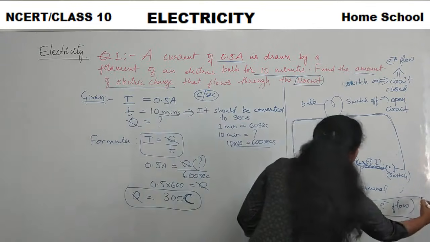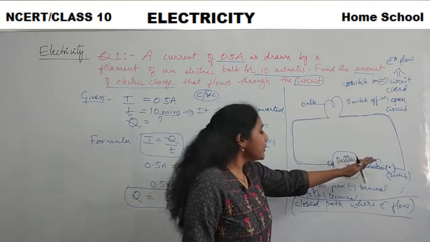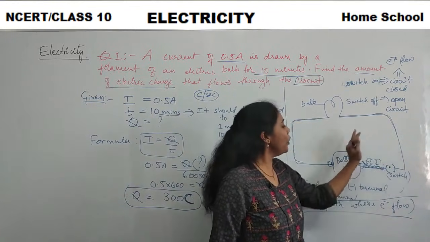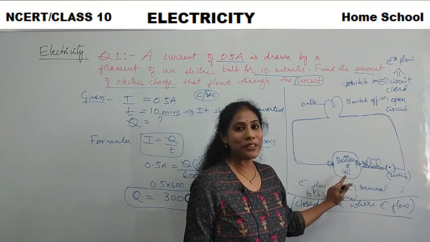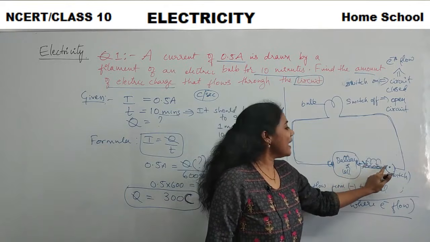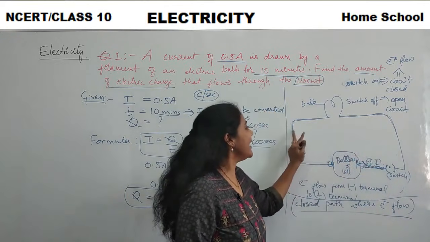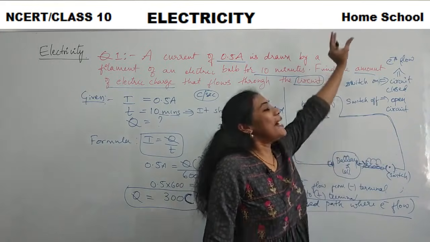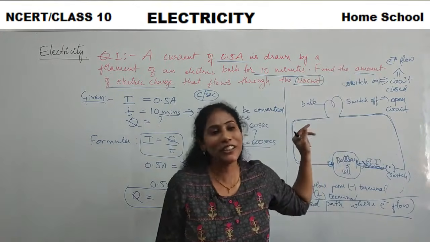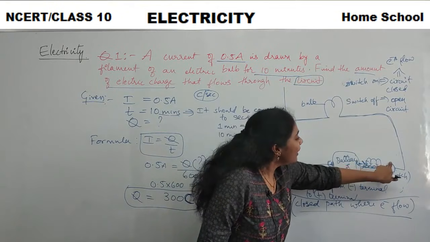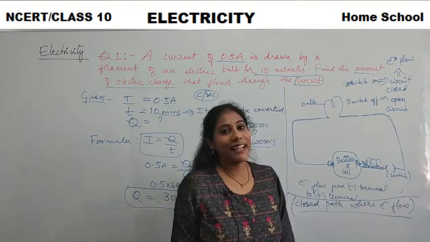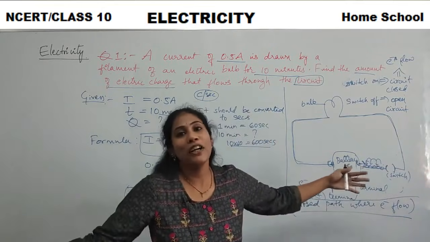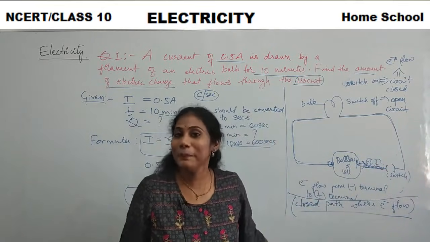So only in an electric circuit can you make electrons flow continuously with the help of a battery. These electrons continuously flow in one direction. Only then is electricity produced and the bulb can glow. Got it? Anywhere if you cut the connection, electrons cannot flow, and electricity cannot be produced.